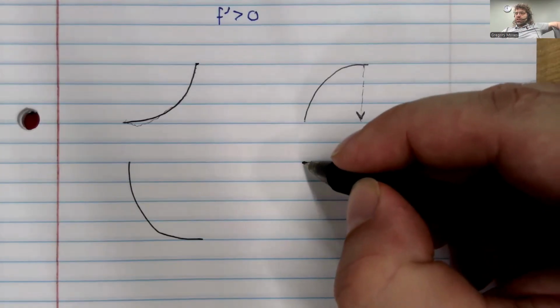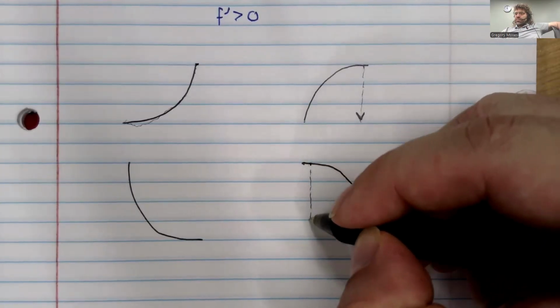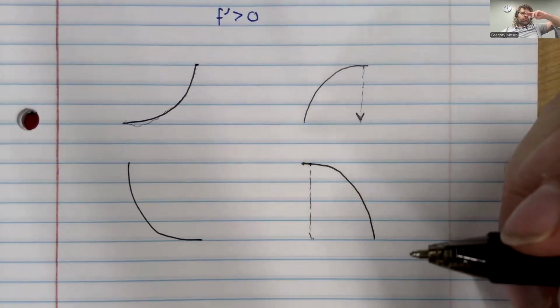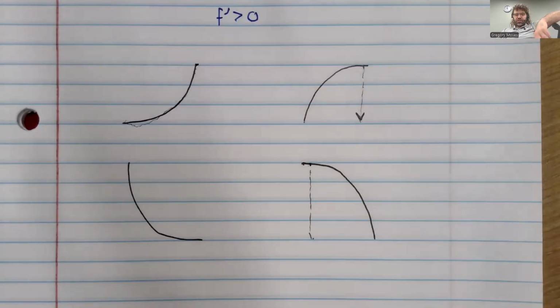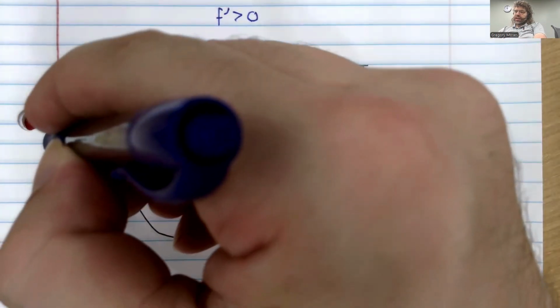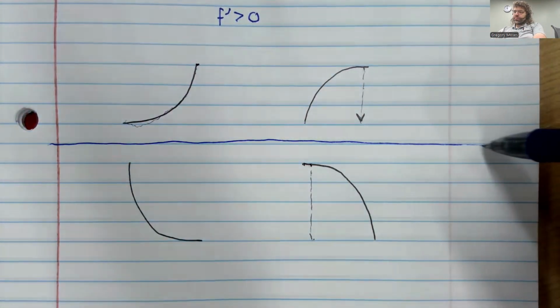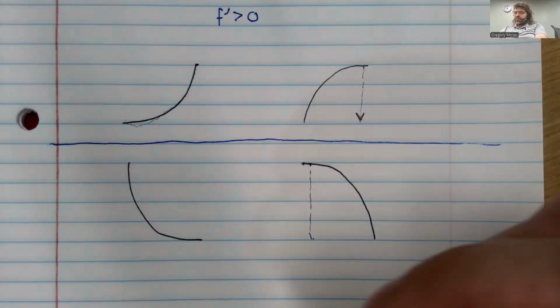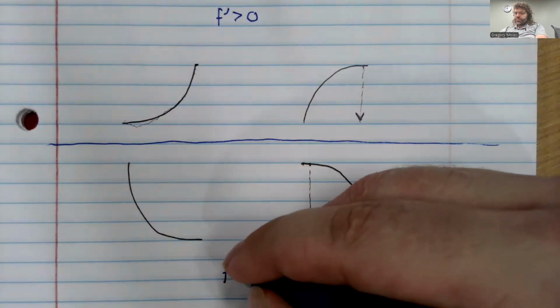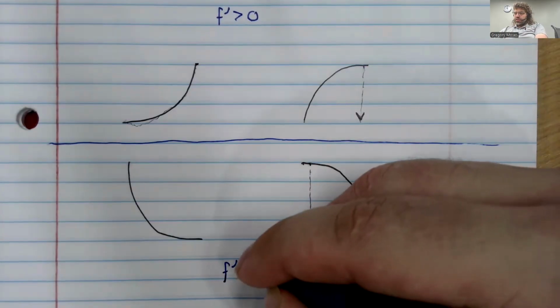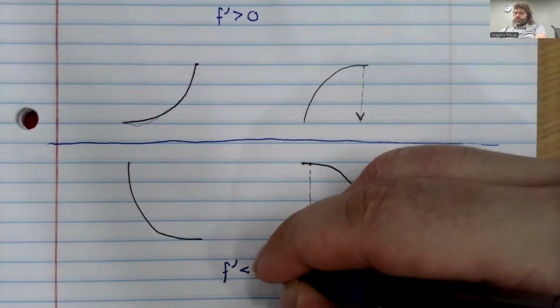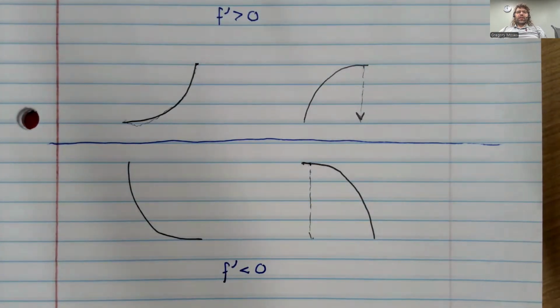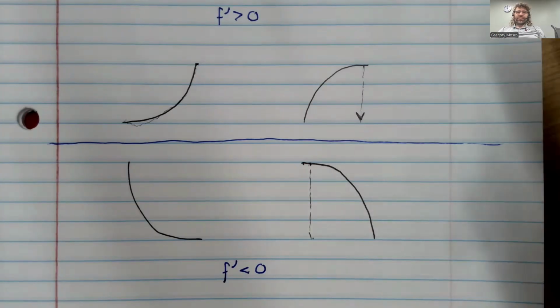If you try to sit on the slide, you'll fall right off it. So we have four graphs here. In the upper two graphs, the first derivative is positive. In the lower two graphs, the first derivative is negative.